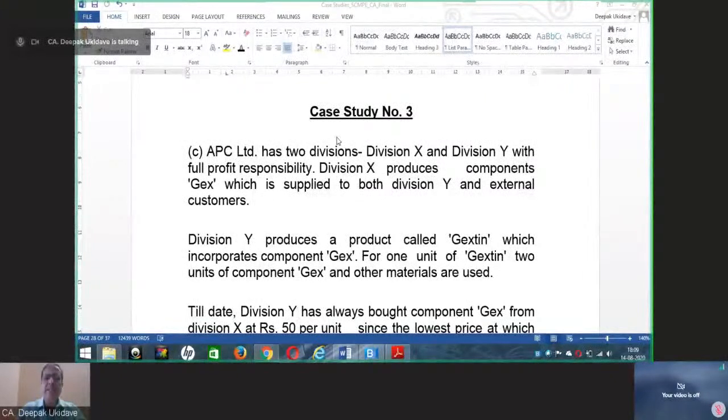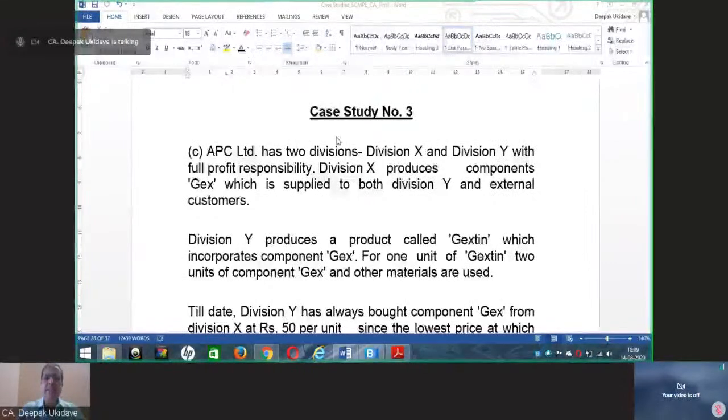And scenario number 3 is management intervention and advising a suitable transfer price. Now the solution or the approach is given below.